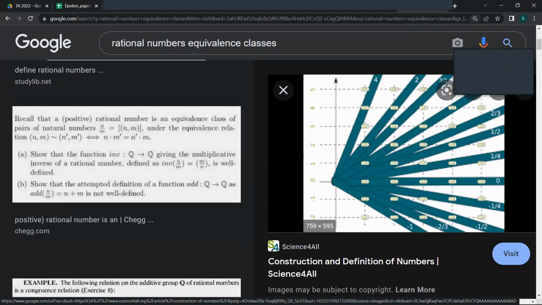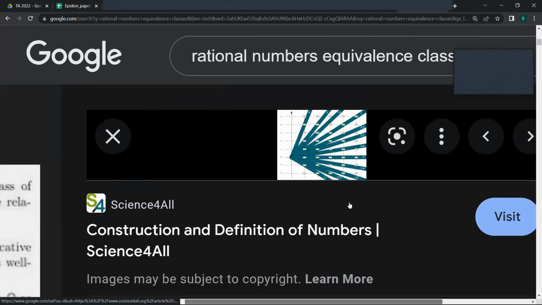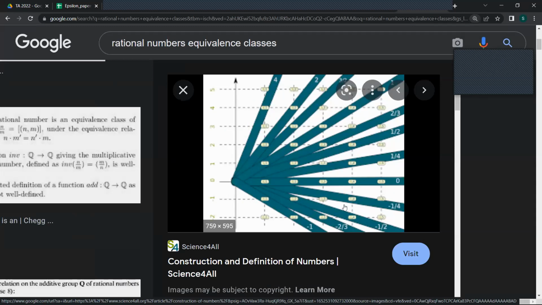So anyway, look, they have here 2/3. Can you see 2/3 in this picture? And there are other members of that equivalence class. 2/3 will be the same as 4/6, which should be someplace.